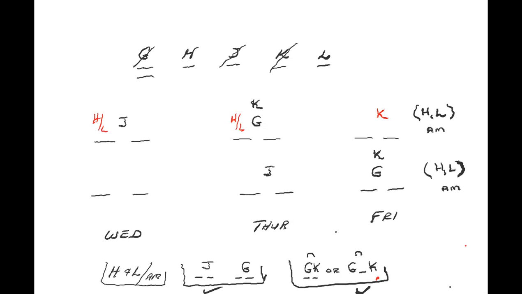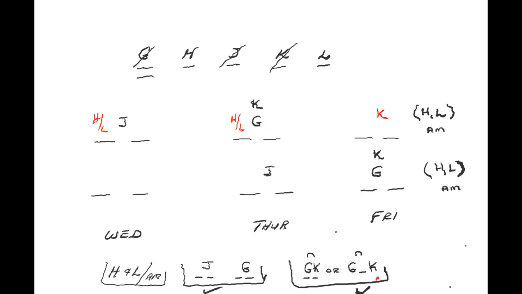Well, what could be true? A, Garvey is Thursday morning. Well, no, that's H or L. B, H is Thursday morning. Yeah, sure, that can be true. And that's the answer, and you should leave. Maybe we'll look at the other choices, but that's the answer. C, J is Thursday afternoon. No, G is Thursday afternoon. D, K is Thursday afternoon.